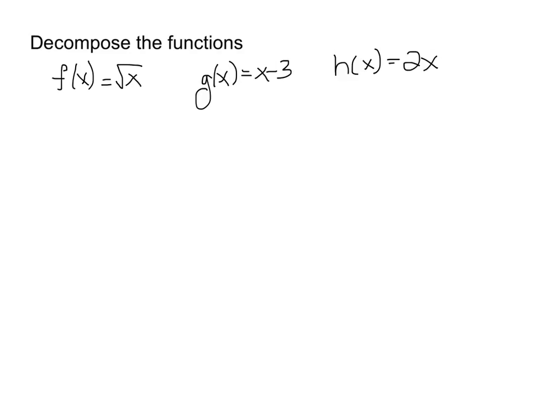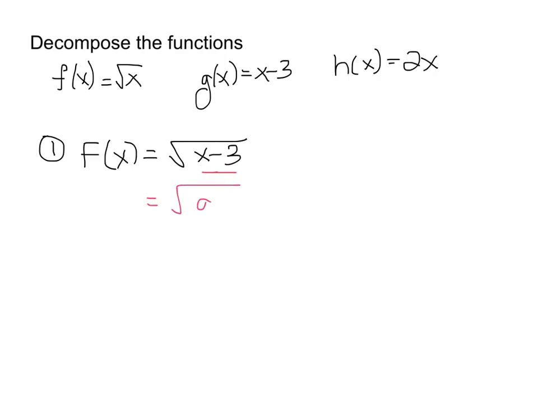So here's what we're going to look at. Capital F of x. This is the square root of x minus 3. Now, some of you might look at that and have a hard time seeing how we can rewrite this. But do you guys notice that there's an x minus 3? That's what we said is g of x.